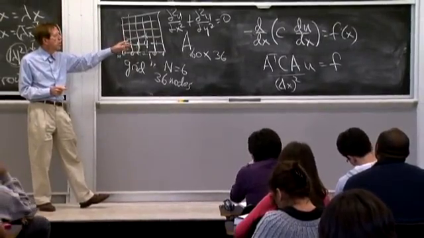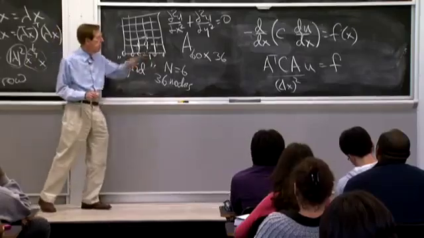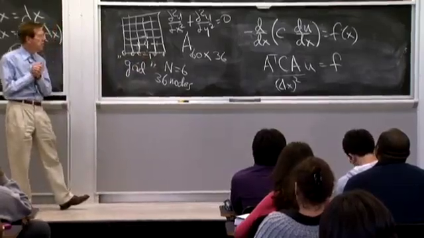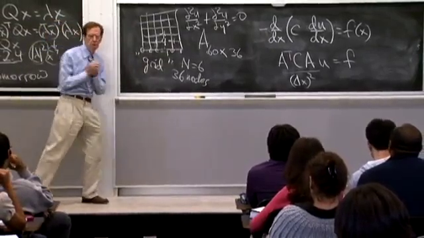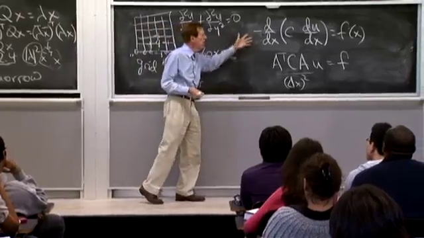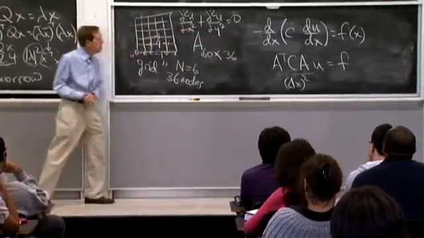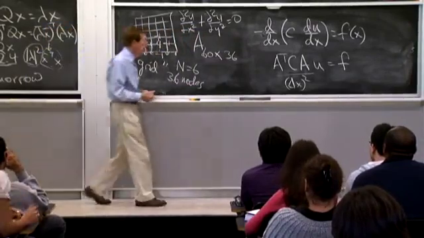Your coefficient shows up in the differential equation, and it shows up on the diagonal of C in the difference equation. Yeah, I won't give a whole lecture on that. Just to say, that correspondence is exactly the one we know.